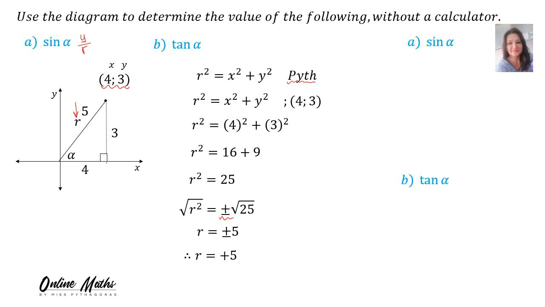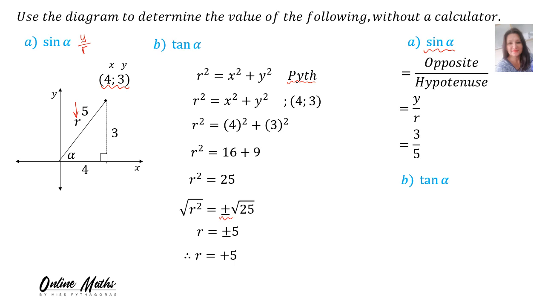Now we can go to the sum. And the sum was find the value of sin alpha. Then since ratio is opposite over hypotenuse, but here you rather write sin's ratio is y over r, and then the y value was 3 and we calculated r was 5, and that's the answer.